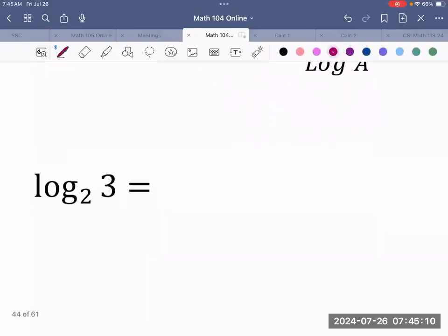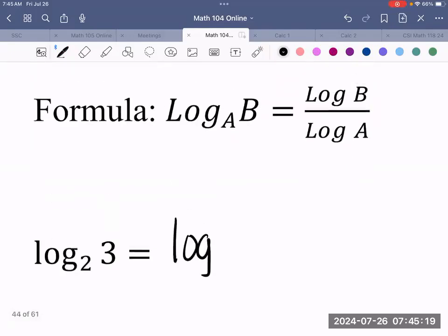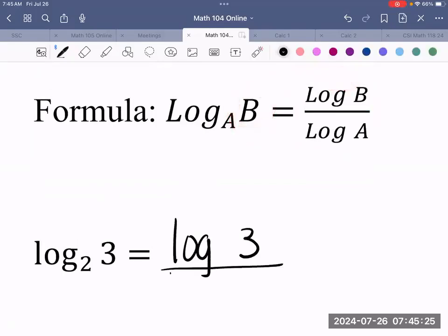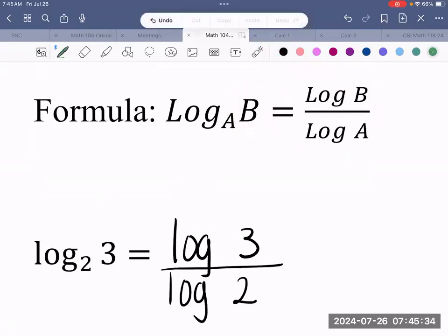So if we were to try that again with the ones below it, it would look like log of your value over here that comes above, so that would be 3, over log of your base 2. Why we're allowed to evaluate it is that because we don't have the base written here, they're really both in base 10, something that your calculator is capable of doing.